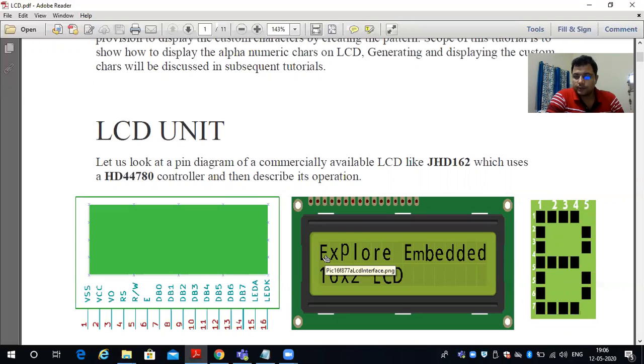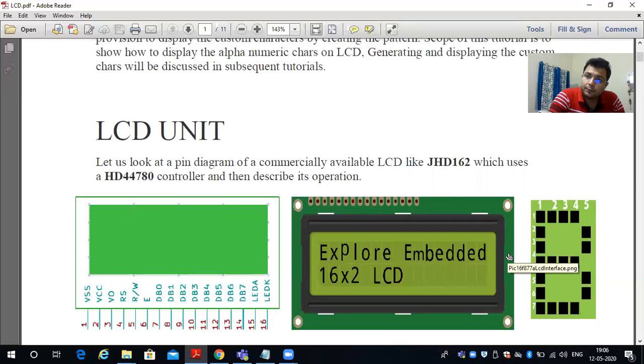It has a configuration of 16 cross 2, that means 2 lines are there, and in each line 16 characters can be displayed. So in total 16 characters in one line are possible, and there are 2 lines to display. And the pixel size, there are several variants in which we can configure our display unit.